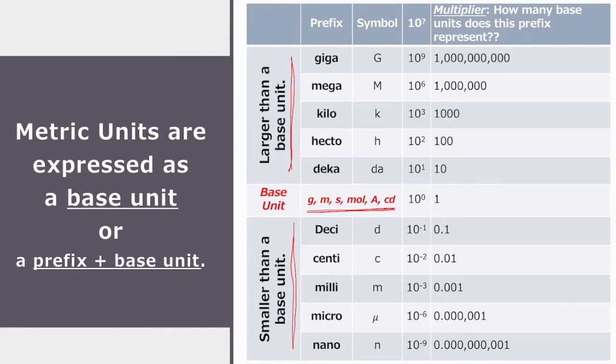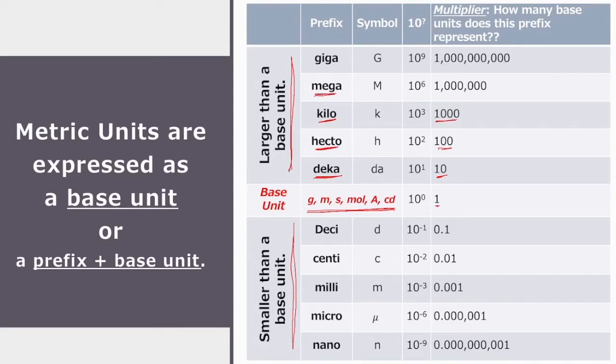So, for example, let's say I have just 1 gram of something. That is just one single base unit. But if I had a decagram, that would mean I had 10 grams. A single hectogram is 100 grams. A kilogram is 1,000 grams, or 1,000 base units.